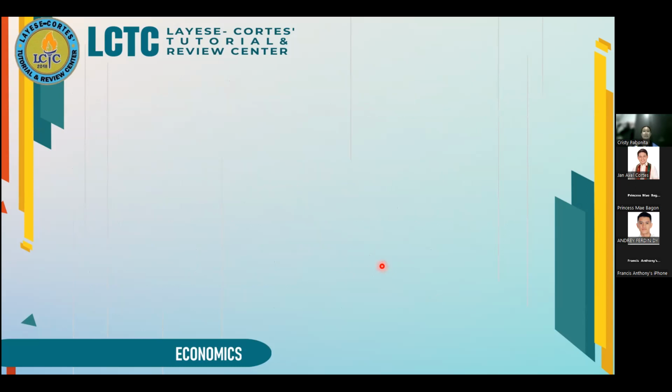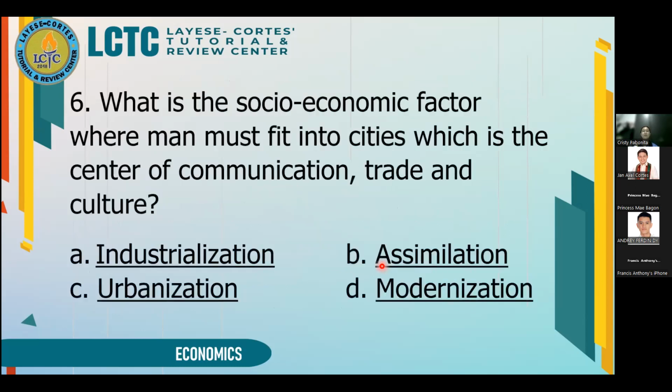Okay, so number 6. So still economics. What is the socio-economic factor where man must move into cities, which are the center of communication, trade, and culture?